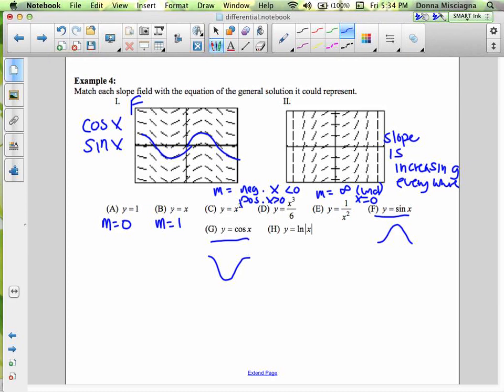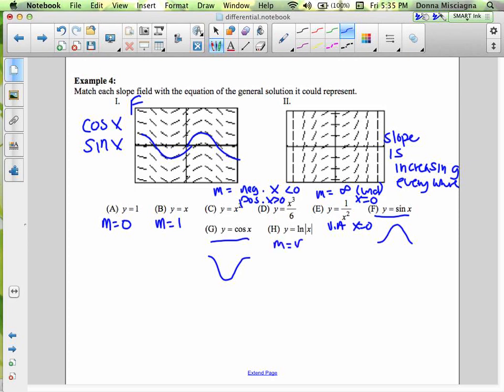But let's rule out y equals natural log of x. What's its slope? So here I have a vertical tangent line. So this one has a vertical tangent, a vertical asymptote at x equals 0. This one has the same thing.